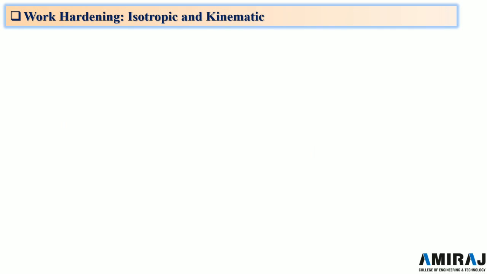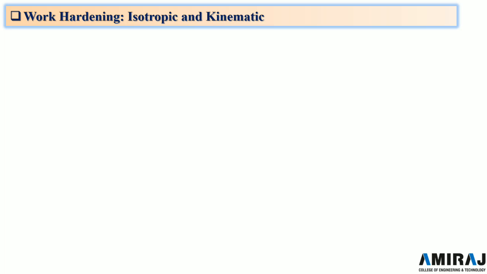Next is work hardening, isotropic and kinematic. During plastic deformation, most metals and alloys become stronger due to work hardening and develop directional properties. The work hardening effect may be taken as a constituent of isotropic work hardening and kinematic work hardening.